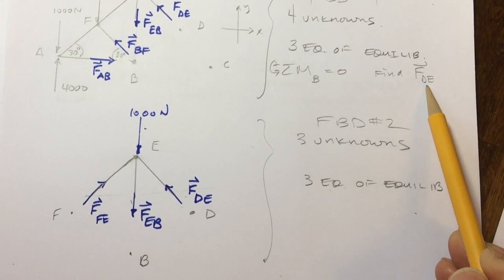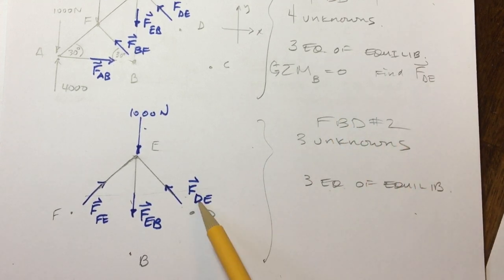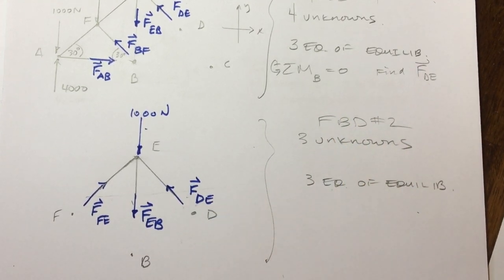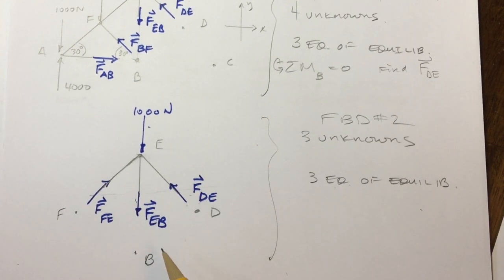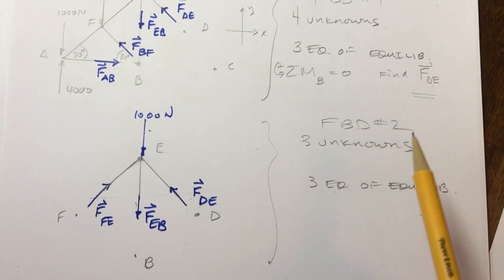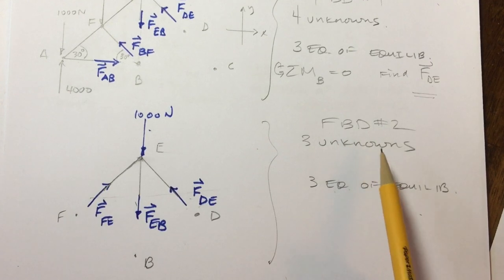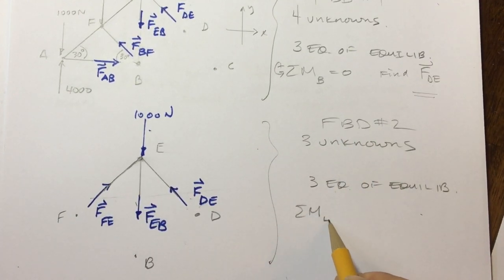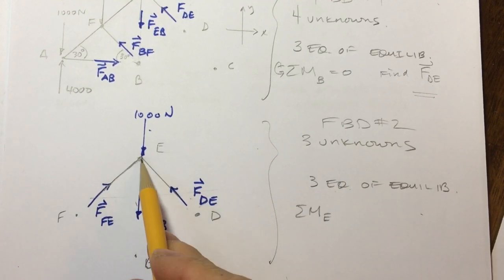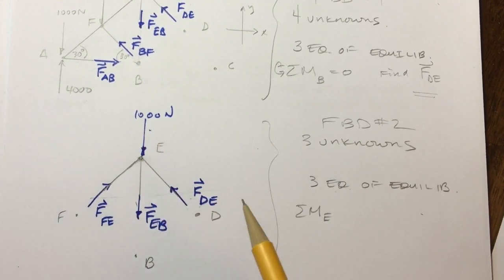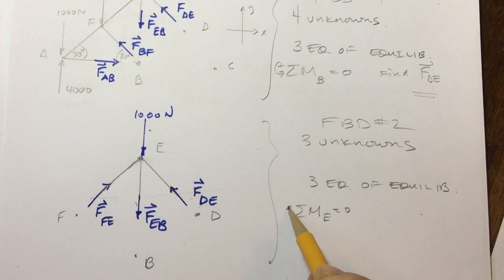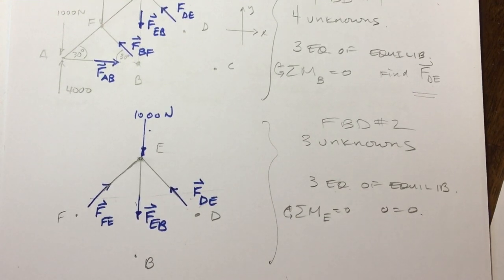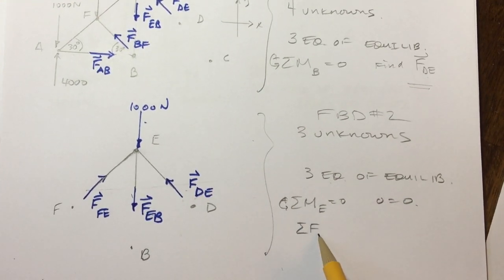Now, if I know FDE, then I can use my free body number 2. Once we know FDE, let's jump to free body diagram number 2 to see what we get. If I take the moment about point E, it's trivial. All the forces are concurrent there. I get nothing. So it's just 0 equal to 0. So next, I can take the sum of the forces in the x is equal to 0.